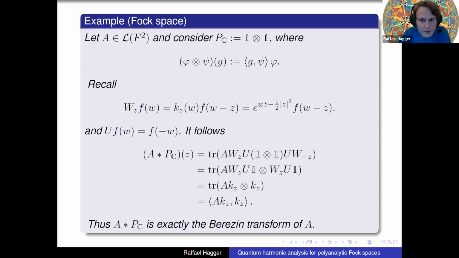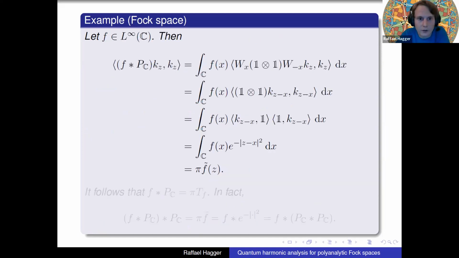Let's also look at the function-operator convolution. That's the other one. Now I take a bounded function, and I convolve it with the same operator as before. I put it into the definition. Now I have to consider this in the weak sense, because this integral is to be interpreted in the weak operator topology.